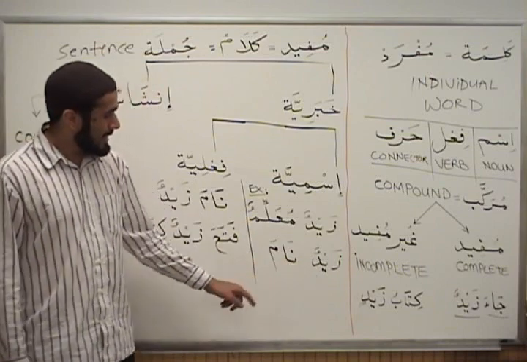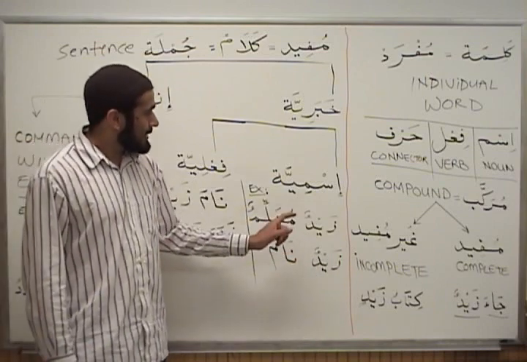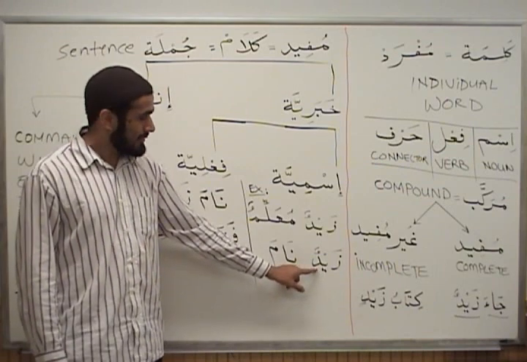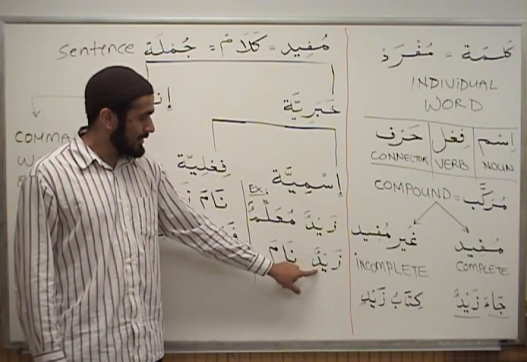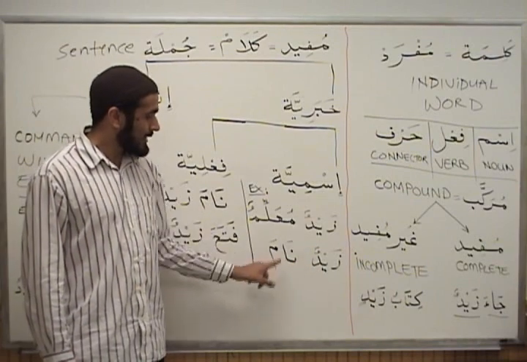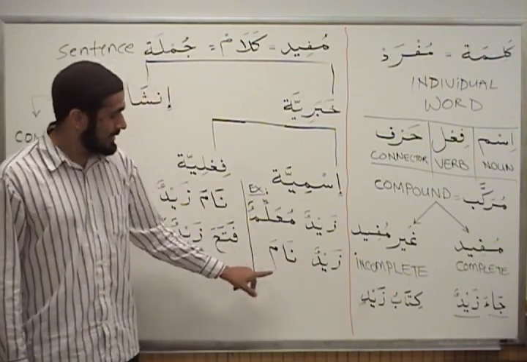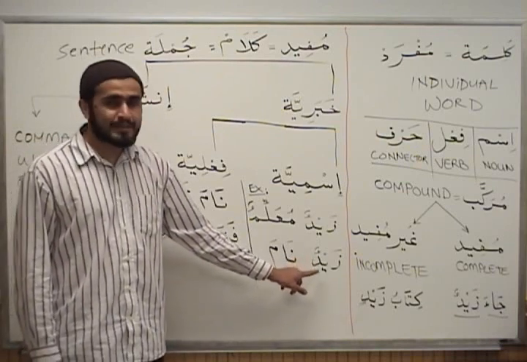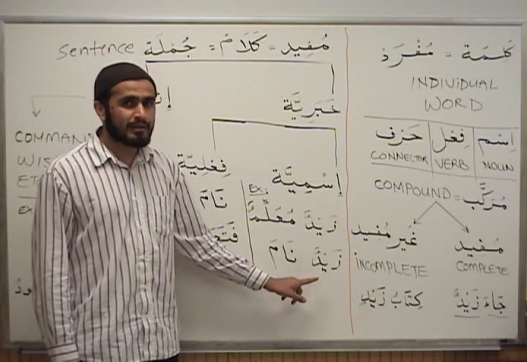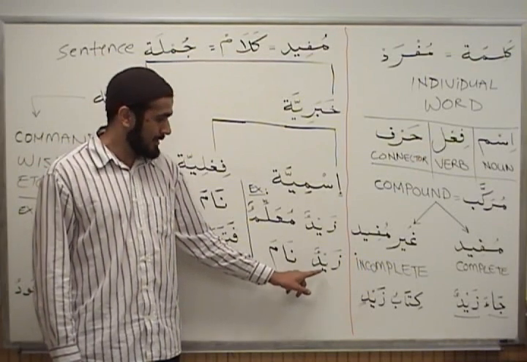Zayd slept. This is a jumla khabariya ismiya as well because it begins with an ism. Even though the compound here is noun and verb, we don't care what the next part is, as long as the beginning is ism. It begins with an ism, therefore it is jumla khabariya ismiya.